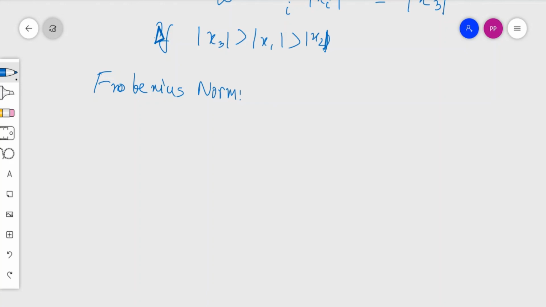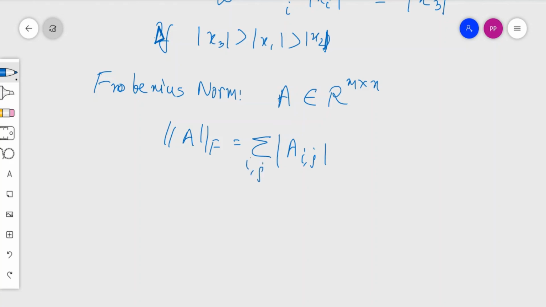So given a matrix A, suppose it is a two-dimensional matrix m by n, then the Frobenius norm of A is equal to the magnitude of each element a_ij, squared, then summed, and then the square root of it. So this will give us the Frobenius norm.